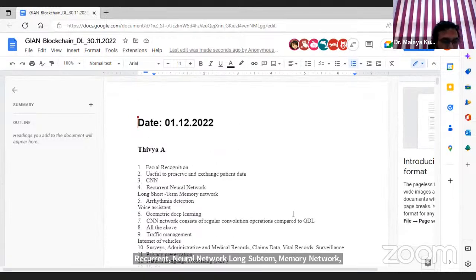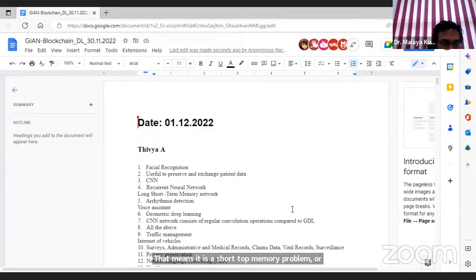If we look into the recurrent neural network as well as the long short-term memory network, basically the recurrent neural network causes the vanishing gradient problem. That means a short-term memory problem, or vanishing gradient problem, is associated with recurrent neural networks.